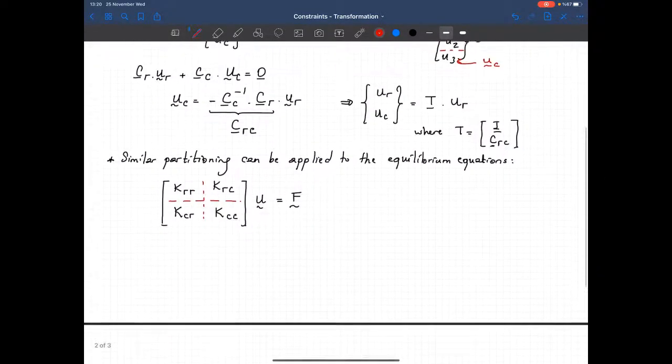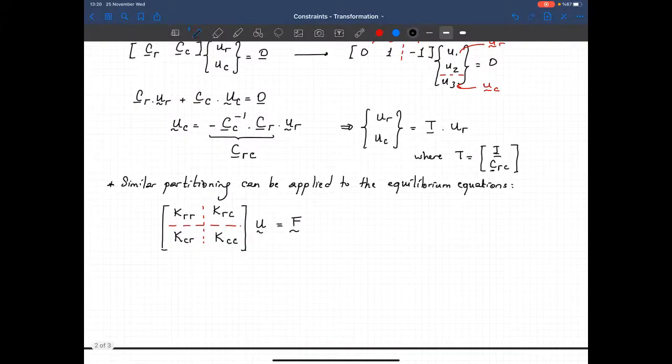Now we said that U is equal to a transformation matrix times UR. Okay. Now I did the transformation in terms of the displacements, but you can write the same thing for the forces. We will discuss that later. T transpose times F. Let's call this so that these are the constraint ones.